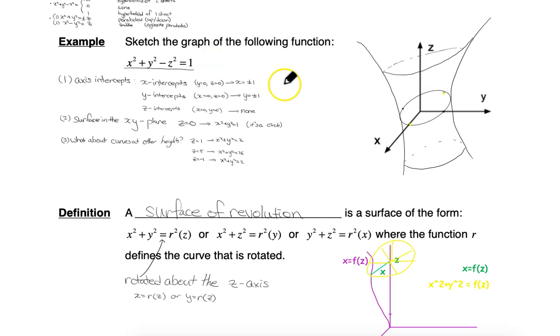That might lead you to wonder, well, there's never any z-intercept. I'm going to be curious about knowing what shape this surface is if I only look at the xy plane. So just picking z equals 0, I would sort of forget everything that's above and everything that's below and just look at what this kind of section of the surface looks like in the xy plane. So by setting up z equals 0, we see that this term disappears.